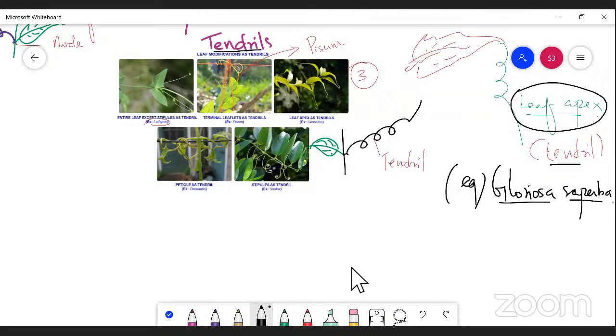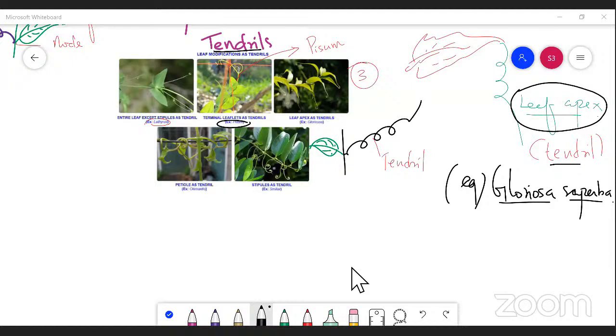Sometimes the terminal leaflets are modified into a coil-like structure, for which I have given the example Pisum sativum. Sometimes the leaf apex becomes a coil-like structure, that is a tendril, as characterized in Gloriosa superba. So if it is asked which of the following is an example for leaf apex modified into tendril, you could write Gloriosa superba. That is a question. Please understand. Try to follow.